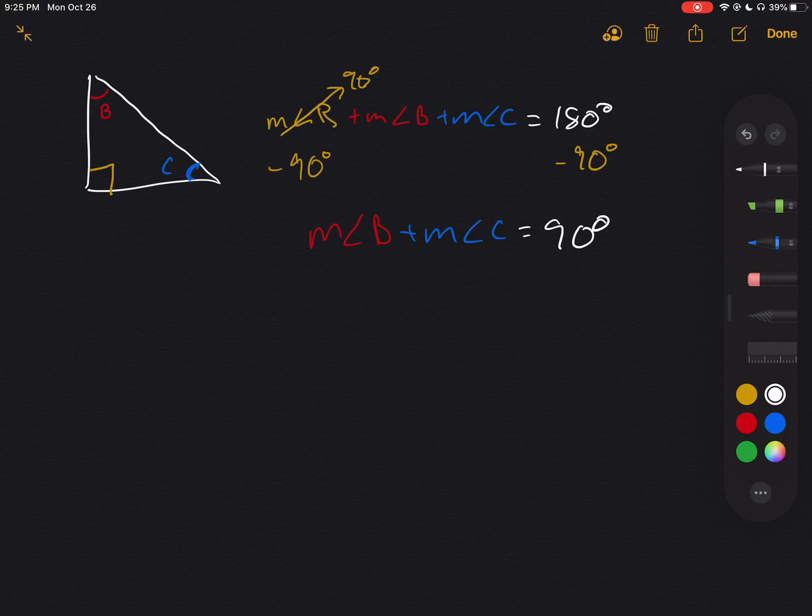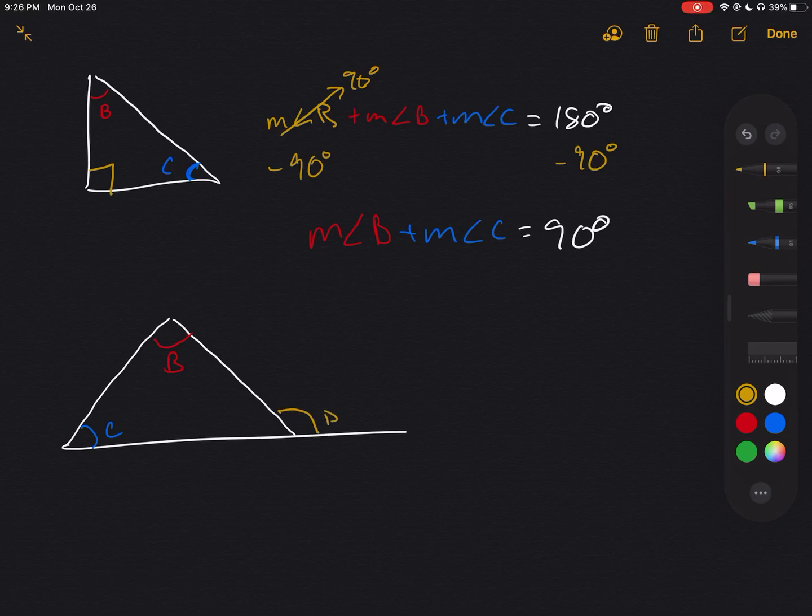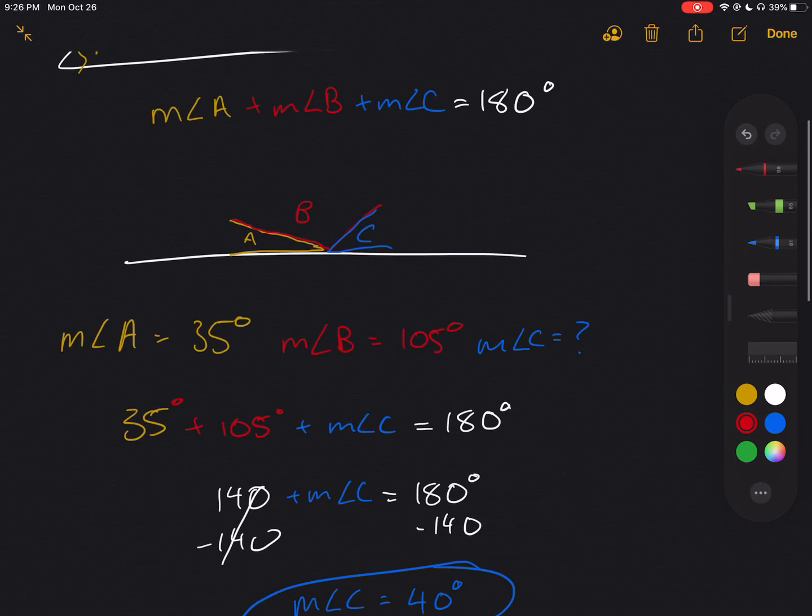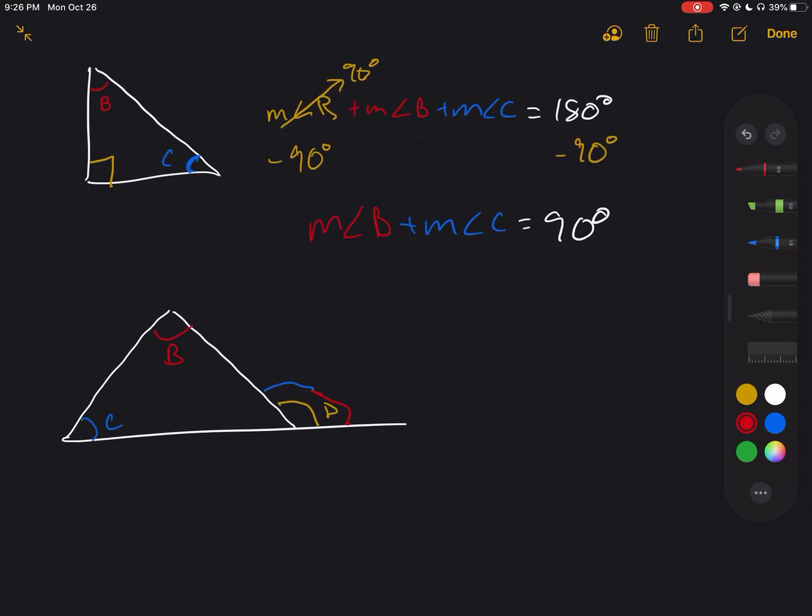The last thing I want to mention is the exterior angle theorem. The exterior angle theorem tells us that if I've got a triangle like this, and we'll stick with the colors we've gone with, angle B and angle C, then this angle right here, which we'll call D, is equal to angle C plus angle B. This again follows from the triangle angle sum theorem, because if I add C plus B and subtract that from 180, then I get this final angle here.